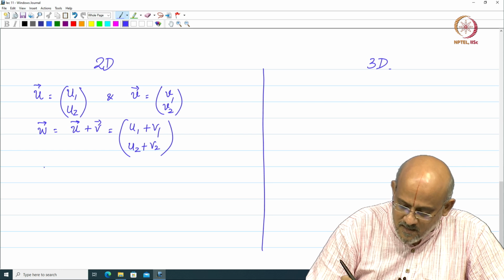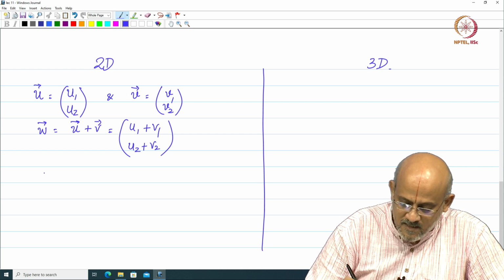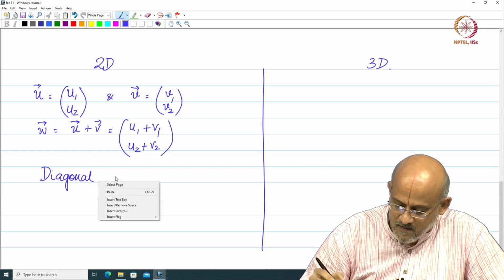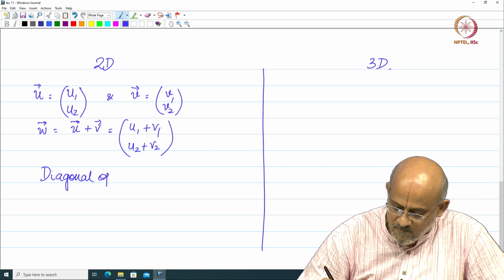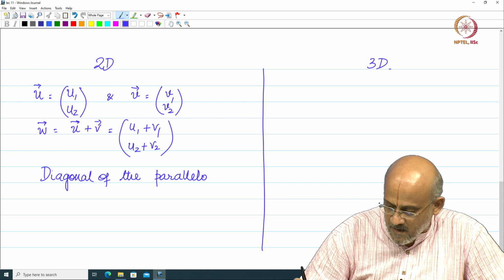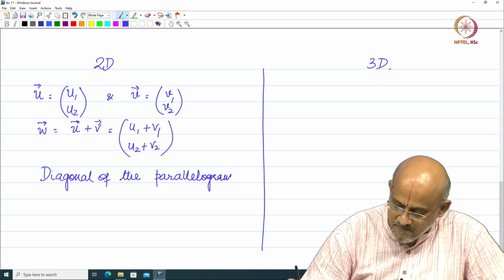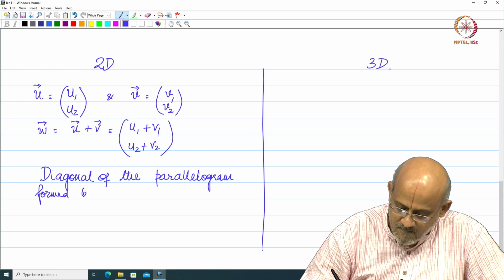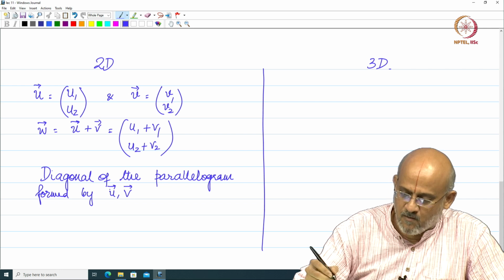This vector was in the direction of the diagonal of the parallelogram formed by the vectors u and v. What does that mean?